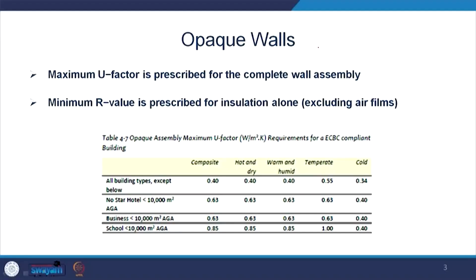So, first of all, we take the case of opaque walls. Now, when we are talking about opaque walls, ECBC prescribes the maximum U value or U factor for a complete wall assembly. When we say a complete wall assembly, it implies there will be a plaster on one side of it, and then there will be a brick wall, there might be an insulation in between, then another cladding, maybe a wall or another hard material, and then another layer of plaster or finishing material.